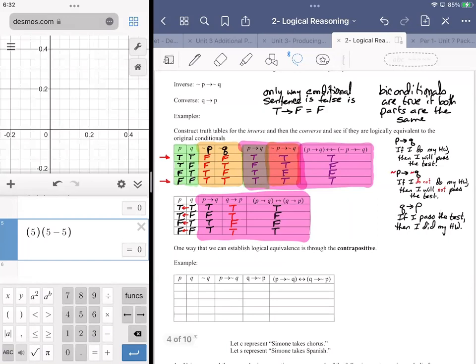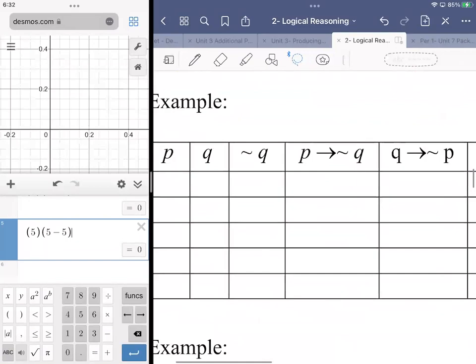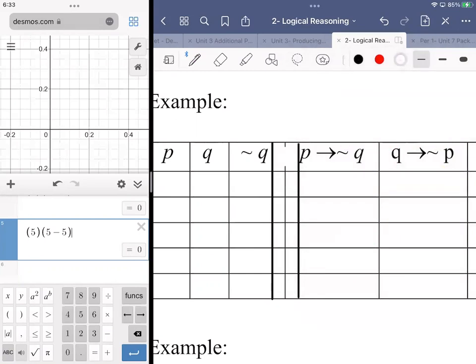All right, so I'm going to tuck in a little column here that we're going to call not P. Not perfect, but, and then another adjustment.